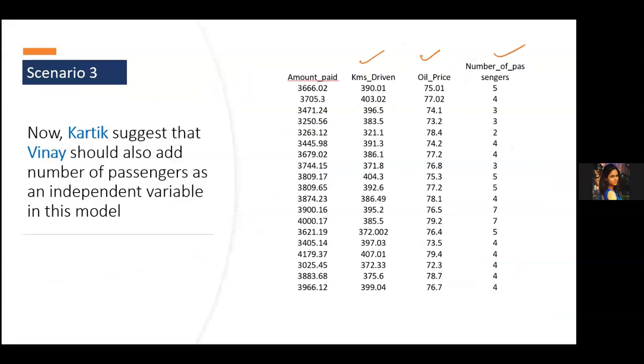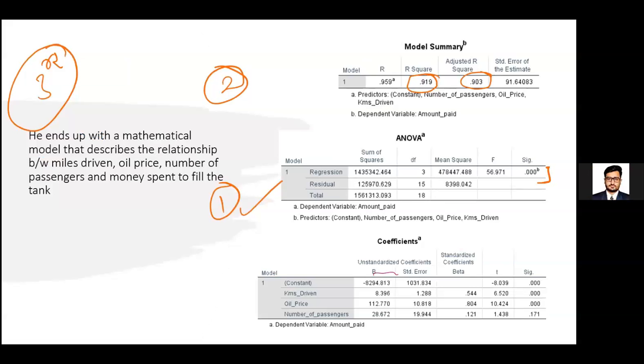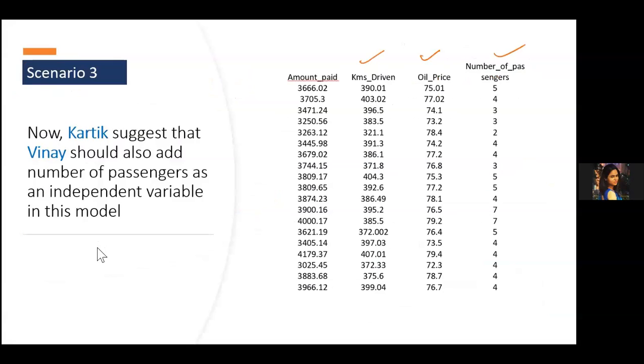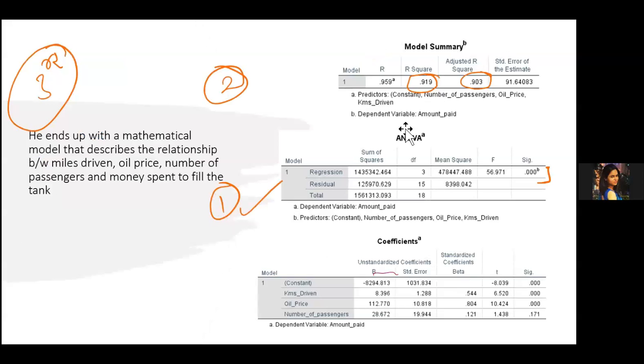But is it, you know, that new term that I have added, that Karthik suggested कि ये number of passengers भी add कर लो, is it right? The new term that we have added, is it significant? Is it improving the model? Yes, ma'am, because मेरी adjusted R square value तभी increase होगी अगर मैं significant predictors add करूँगी.